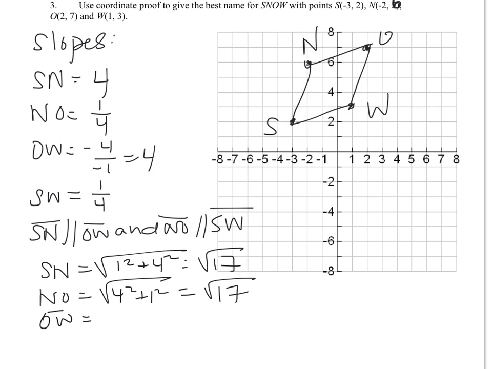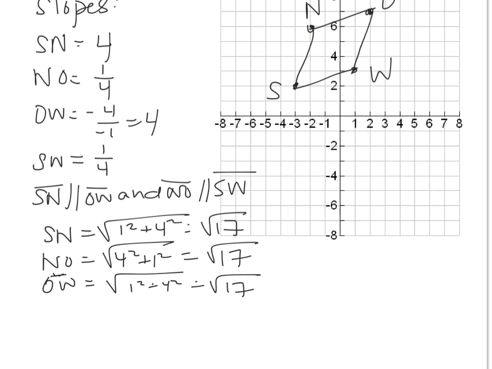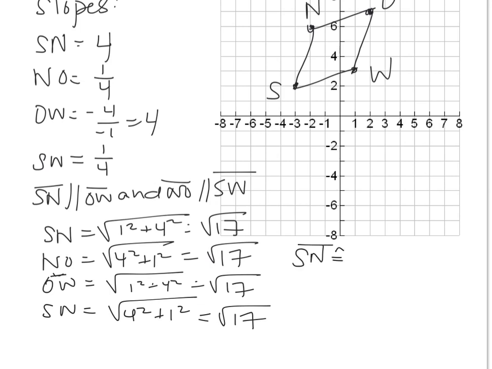OW, we have 1 squared and 4 squared, which is 17. And last but not least, SW is 4 squared plus 1 squared, which is the square root of 17. So SN is congruent to NO, is congruent to OW, is congruent to SW.